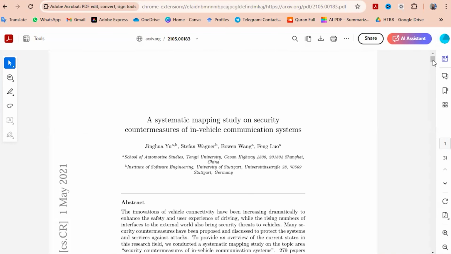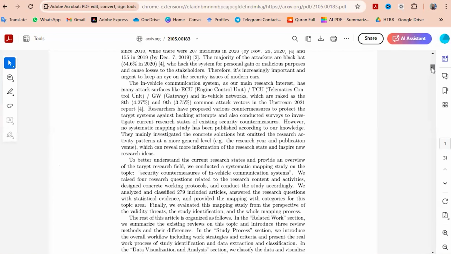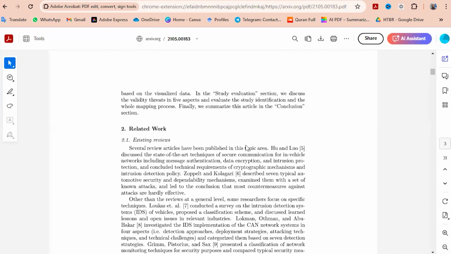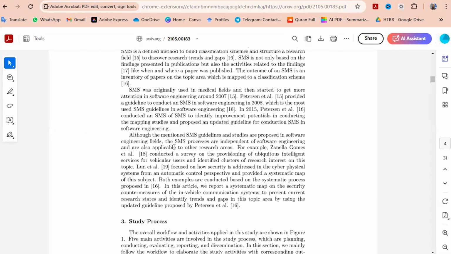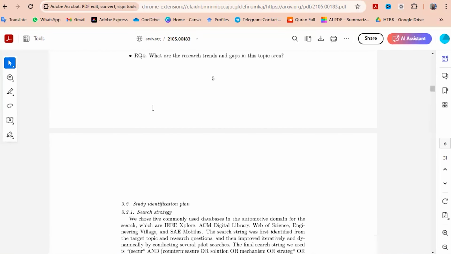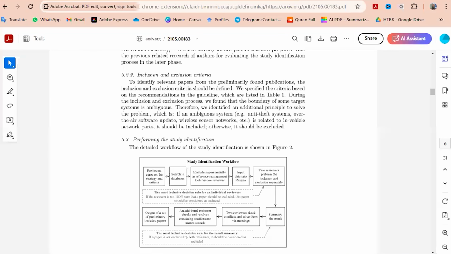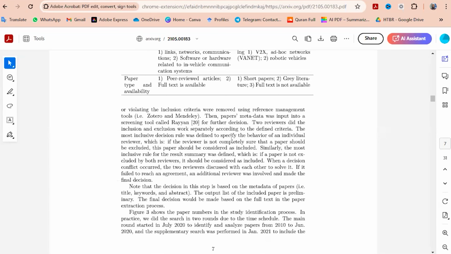If you study any systematic literature review or mapping study, you will find that they have already covered existing work. They describe the review method, how they selected the papers, how many papers they selected, every detail, what the research questions are, and how they identified the studies. Everything will be written there.